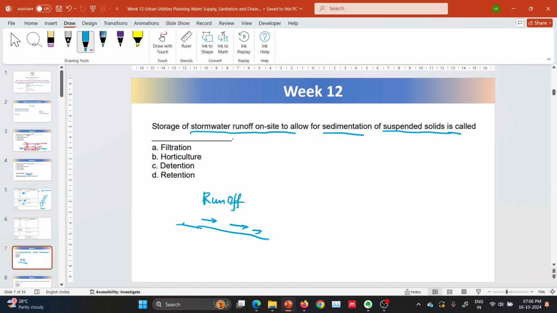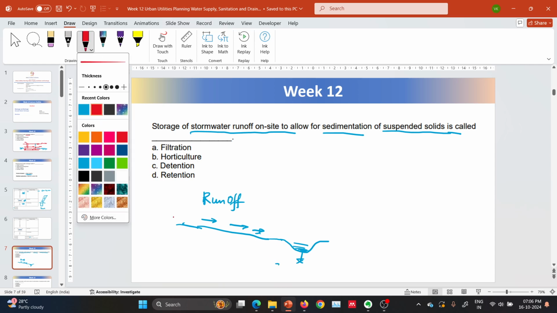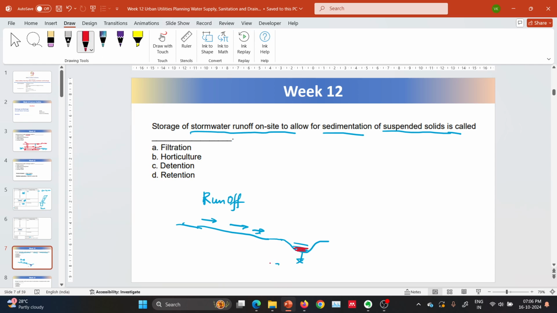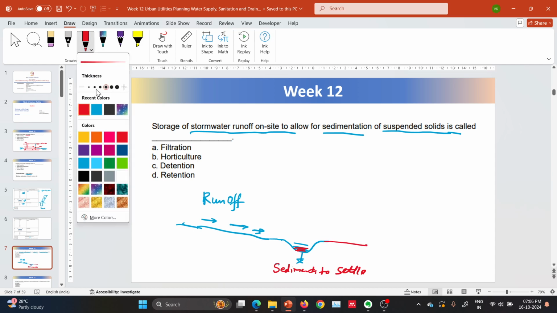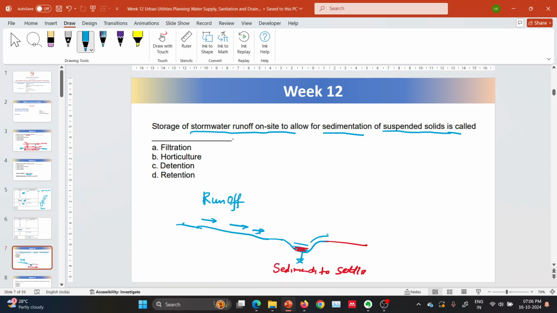So this is the slope where the water is coming, and we provide a depression to allow the sediments to settle, and then again the water will go.